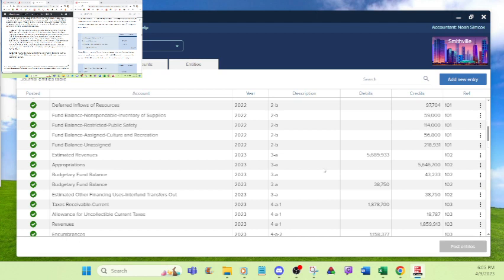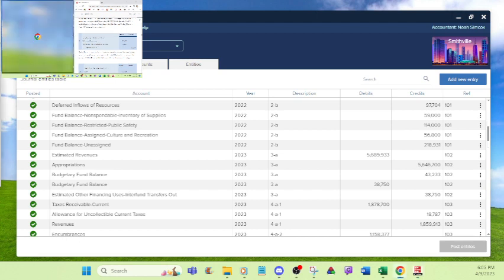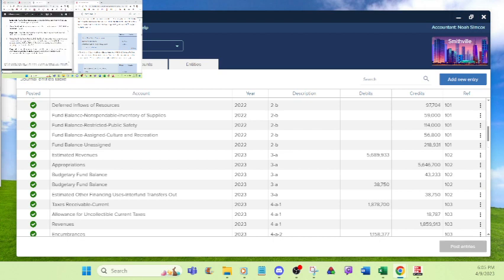I don't know why we did these two things separately. It doesn't make a difference because the budgetary fund balance will still make sense either way. Like, why did they separate those? Not to go all the way back. Gosh dang it, you just messed up everything.